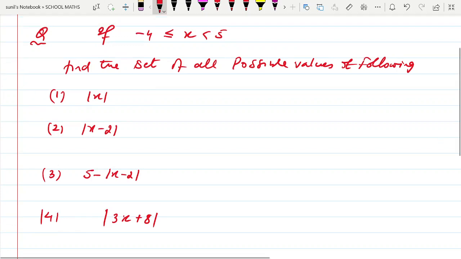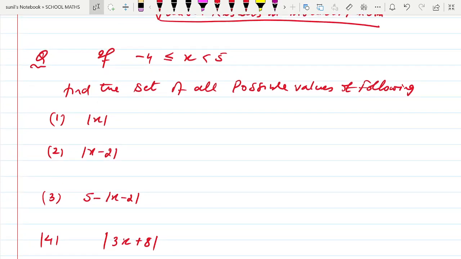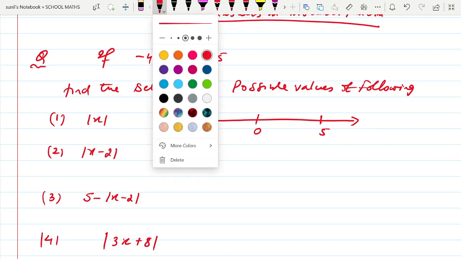Now see how we'll proceed. We have to find the values of mod x from the given values of x. Let us make use of the number line as we did in the previous lecture. Suppose here is 0, and somewhat here is -4 and here is 5. I'm just putting the boundary points.